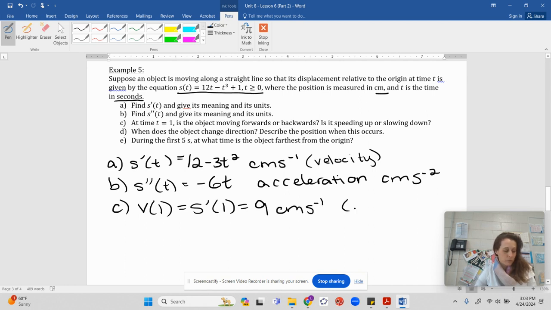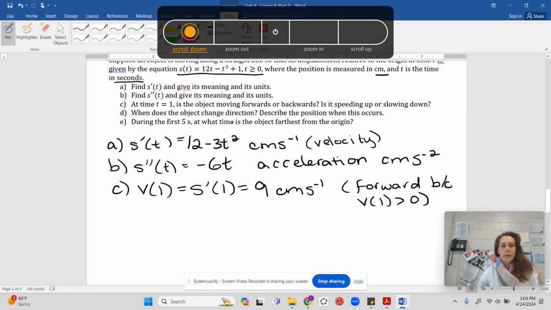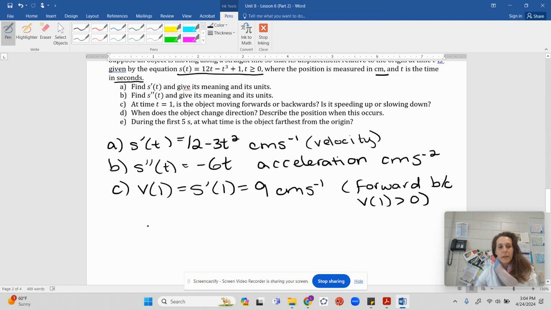And so the object is moving forward because V of 1 is greater than 0. To see if it's speeding up or slowing down, I can find the acceleration at 1 second, which is the second derivative of the displacement at 1 second.